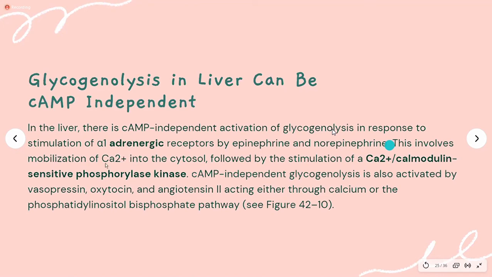This involves mobilization of calcium to cytosol followed by calcium calmodulin sensitive phosphorylase kinase. Cyclic AMP independent glycogenolysis is also activated by other hormones, vasopressin, oxytocin, and angiotensin II, acting either through calcium or the phospholipid phosphatidylinositol biphosphate pathway.